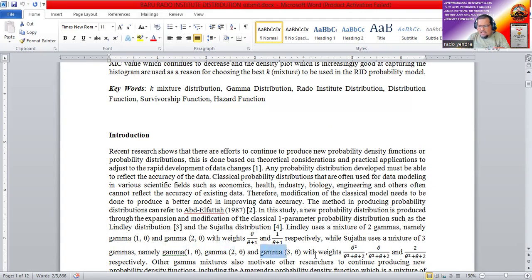gamma 3 theta, with the weights theta power 2 divided by theta power 2 plus theta plus 2, theta divided by theta power 2 plus theta plus 2, and 2 divided by theta power 2 plus theta plus 2, respectively.